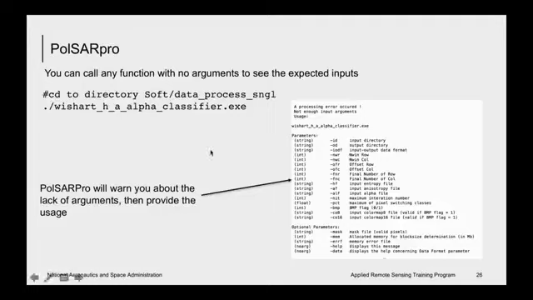If you are just curious about a routine, it's easy to type that routine name on the terminal to see its usage. So for example, if I go to the directory soft/data_process_sngl and type the Wishart H alpha classifier, PolSARpro is going to complain because there are no arguments to this function, but then it's going to give you the usage.